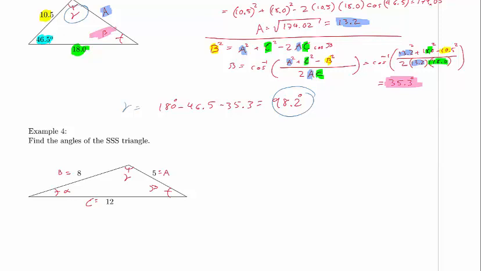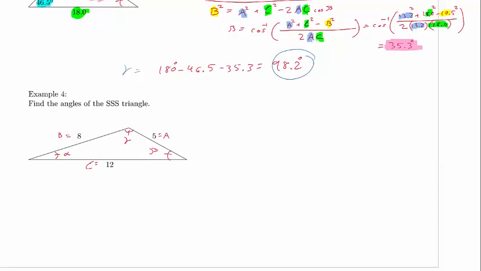Alright, so we're going to use the law of cosines. Let's go ahead and use it to find alpha first. So we have a squared equals b squared plus c squared minus 2bc times cosine alpha.